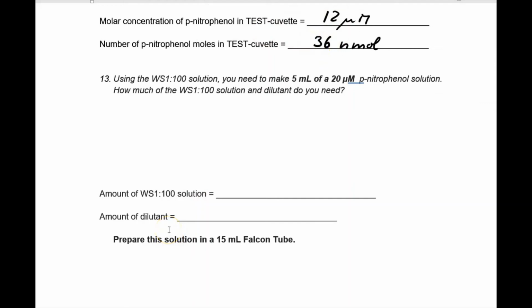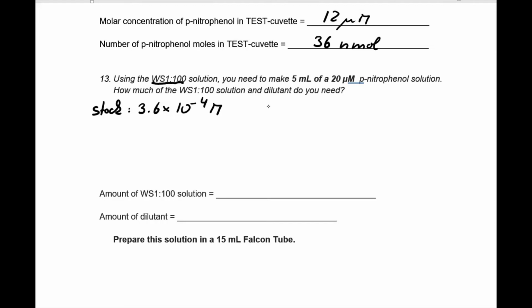So what we need to do in this step here is we are using our working solution, and we said we've got the stock solution, this solution that we are using here. We use that as a stock solution, and we said this was, let's write down, we used this as the stock, and this had a concentration of 3.6 times 10 to the minus 4 mole per liter, so molar.